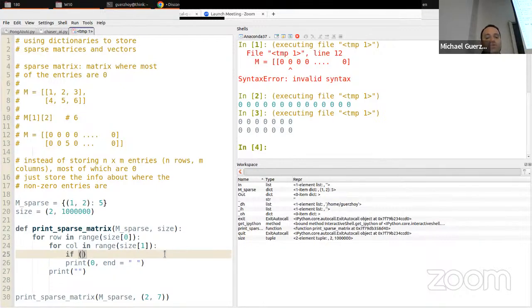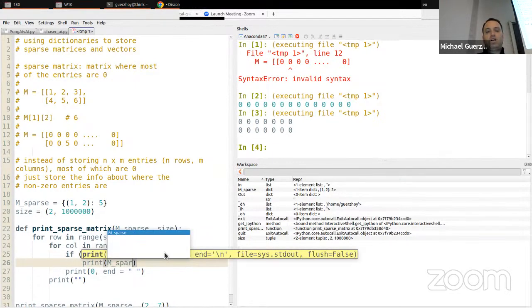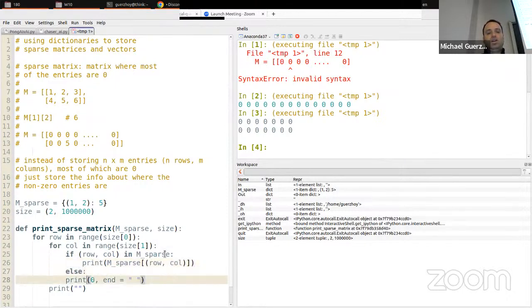So if row, column is in m sparse, and remember what this notation means is I'm checking whether this tuple is an element, is a key in m sparse. Then I'll print m sparse at row, column. And otherwise, I'll print my 0.